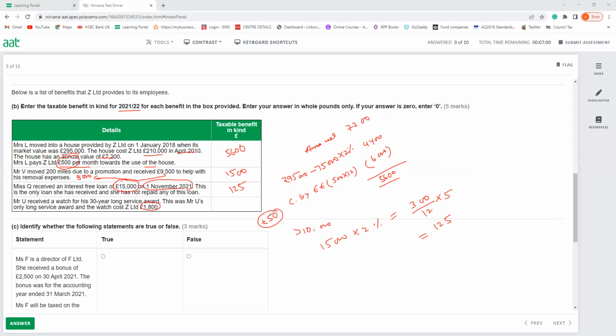So for the 30 years, at £50 per year, maximum 1,500 is allowable, but the watch cost is 1,800. So the difference is 300, and 300 will be taxable.